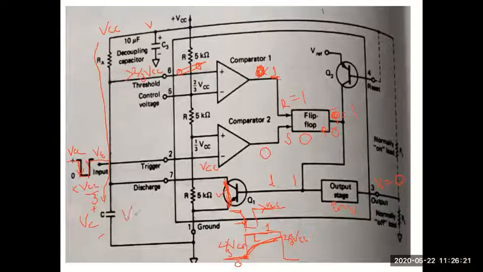So all the voltage gained by this capacitor will be passing like a discharge current to ground. The capacitor discharges all the voltage through transistor Q1 to ground, and that happens very fast.